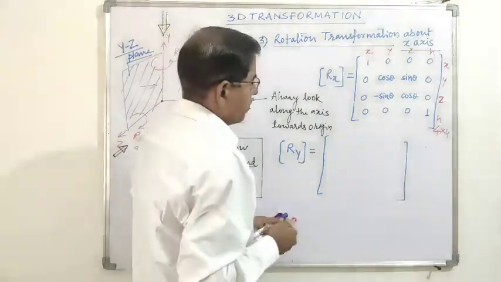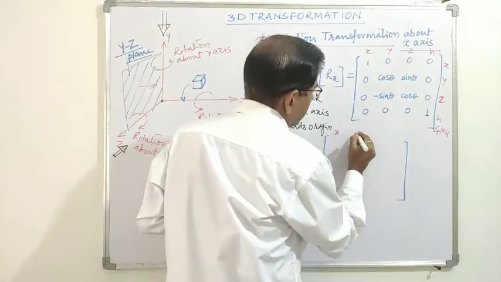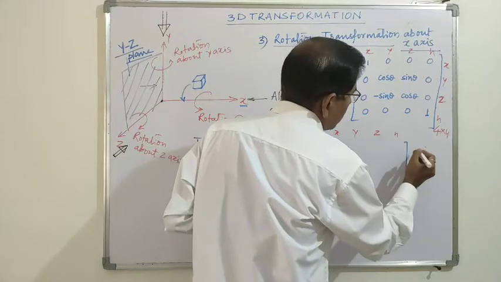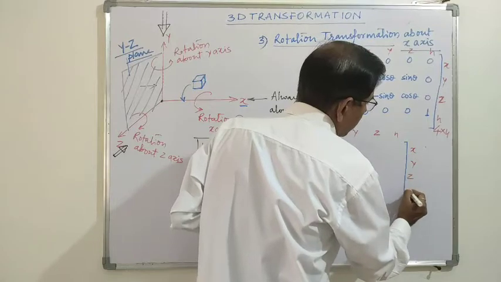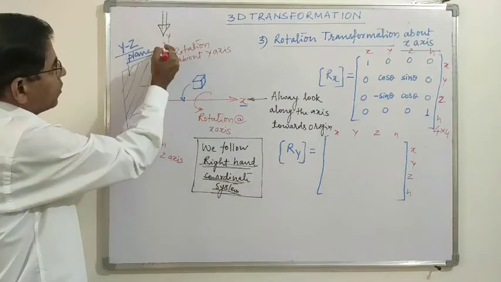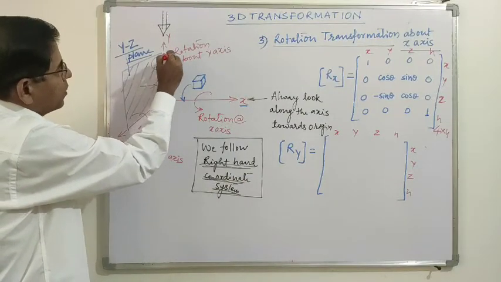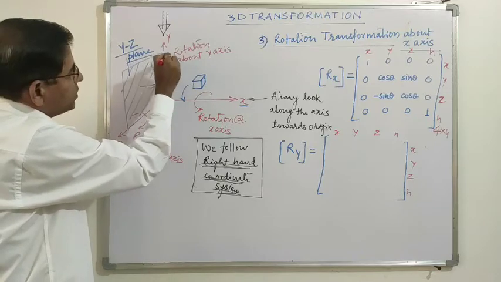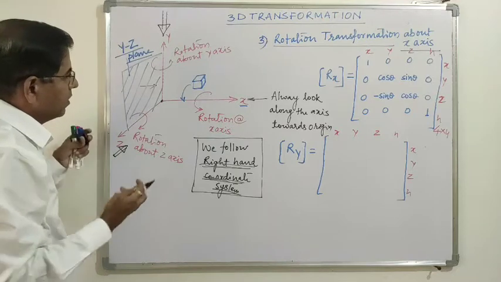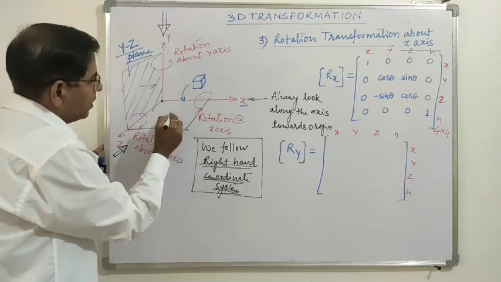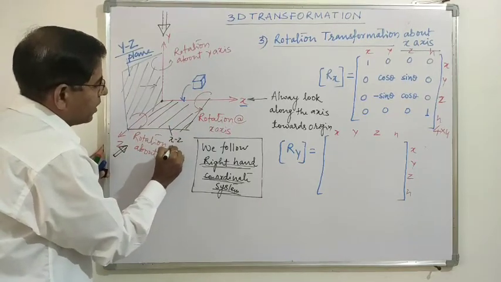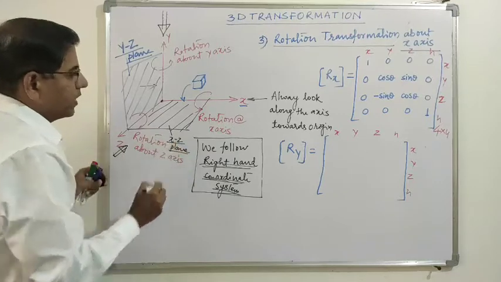If you rotate an object about y-axis, that means we are rotating in the xz plane.